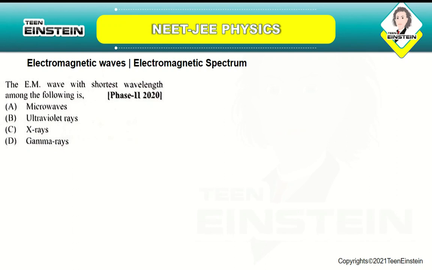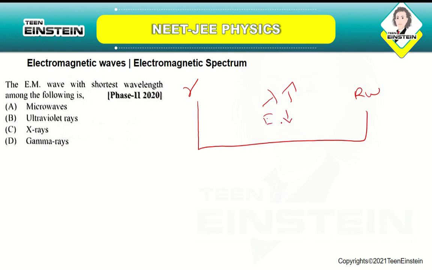The electromagnetic wave with the shortest wavelength among the following is microwaves, ultraviolet rays, X-rays and gamma rays. So we all know that the electromagnetic spectrum starts from gamma rays and it ends at radio waves, and we know that as we progress from gamma rays to radio waves, the wavelength will increase and the energy will decrease.